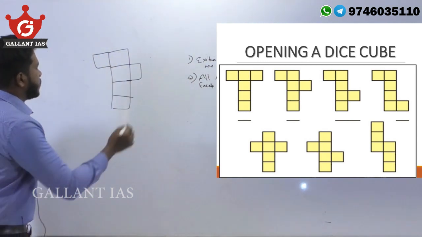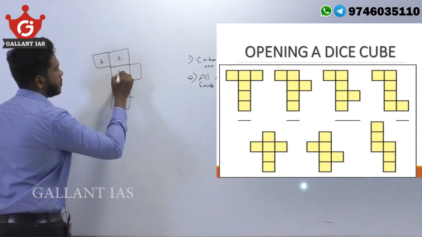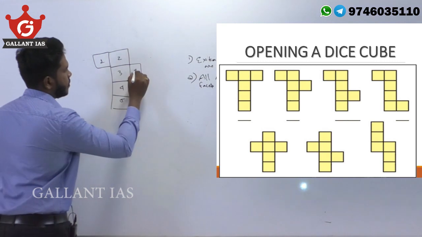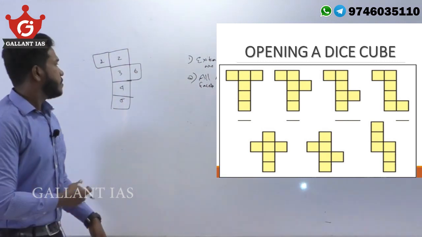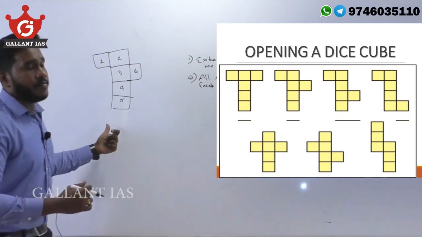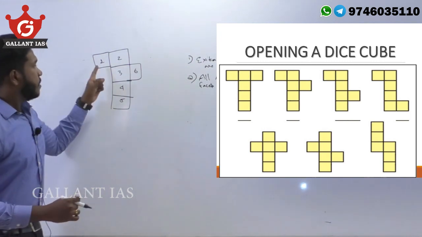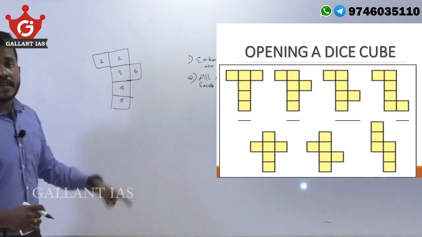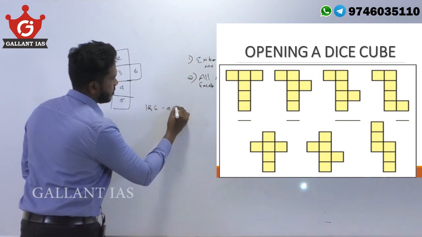Here I am going to give numbers as names: 1, 2, 3, 4, 5, 6. Now tell me, what are the extended faces over here? Just check this figure. 1 and 6 are the extended faces, right?